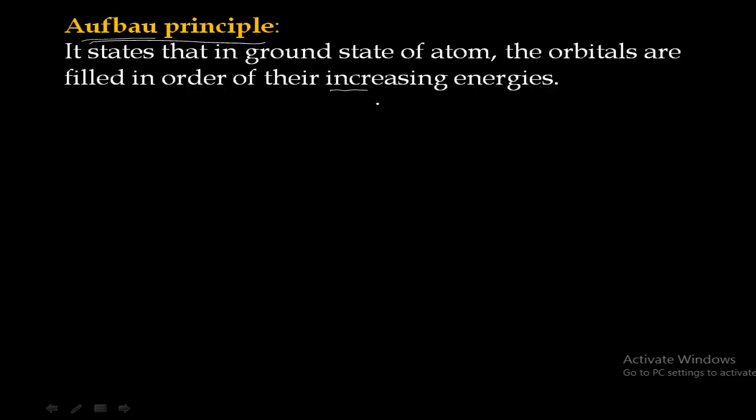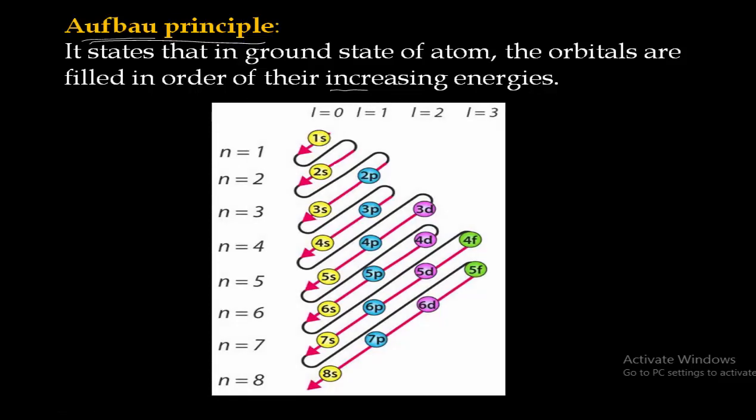Here is the chart which explains the filling of electrons in the orbitals according to their energy. First electrons will fill in 1s, then 2s, then 2p, then 3s, then 3p, 4s, 3d, 4p, 5s.